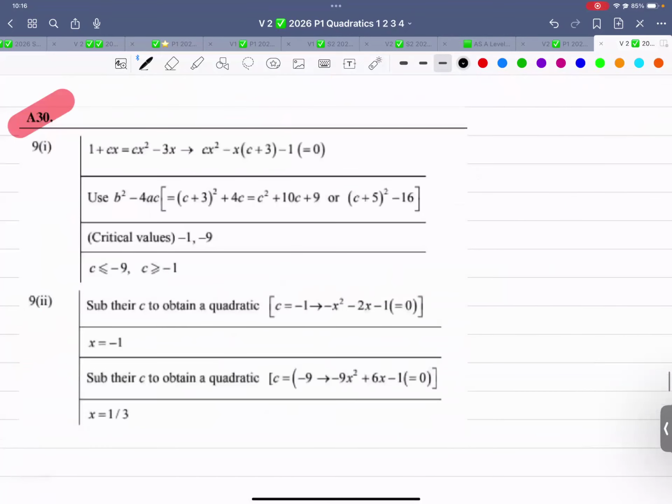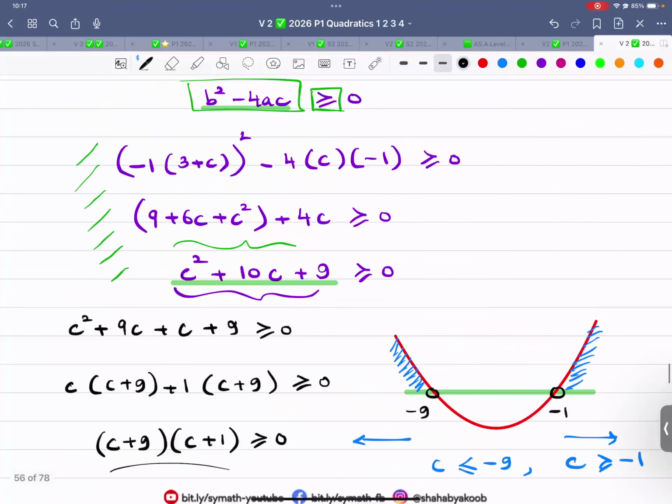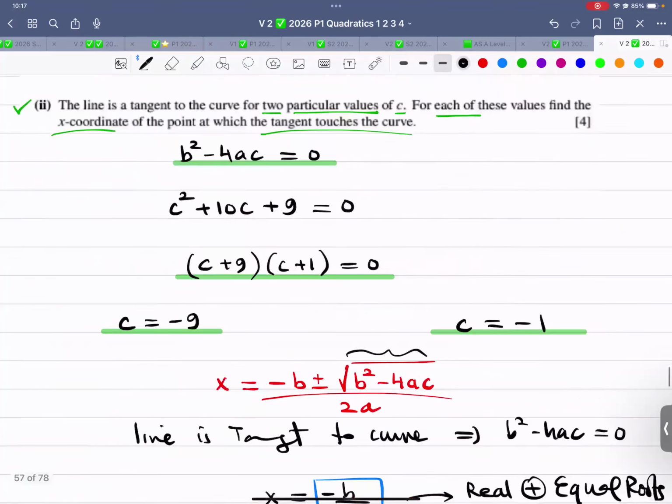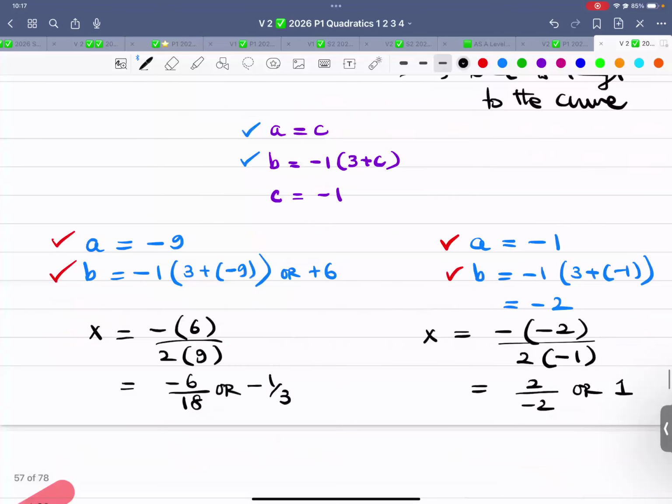So this is -1 and 1/3. Now, let me just check one thing. The critical values are -1, -9. That is good. This thing was good. x is -1, x is 1/3. So now a is c over here, b is -1 times (3 plus c). We don't need c. So now this is -9. So a is -9. b is -1 into -6, that is +6.